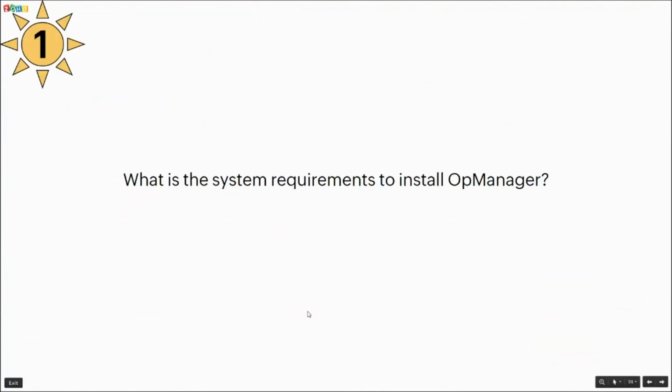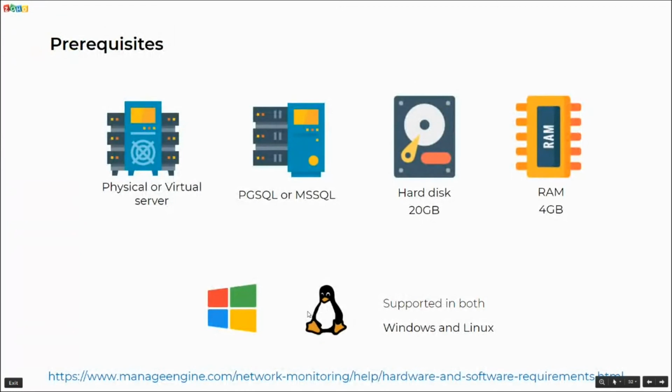First question: what is the system requirement to install OpManager in any environment? Here, the system requirement is simple and straightforward. OpManager can be installed on a physical or a virtual server. OpManager supports PostgreSQL, which comes bundled with the product itself, or you can use the Microsoft SQL database, which is already in your environment.